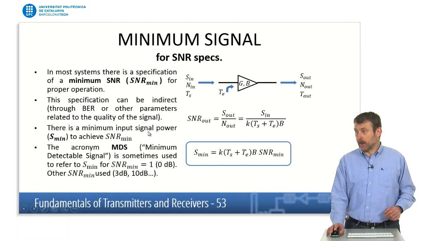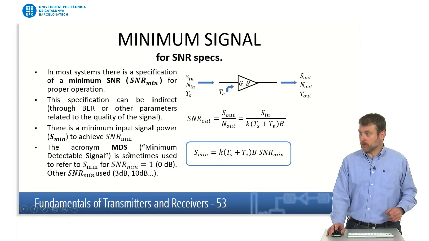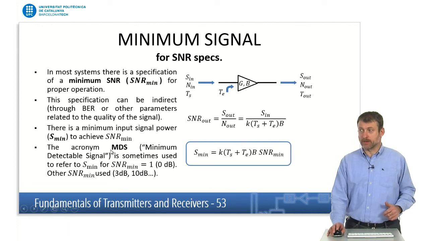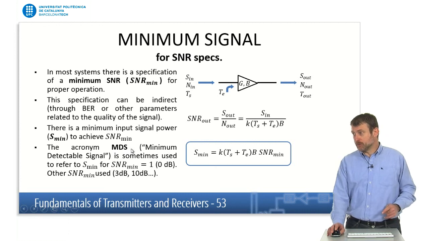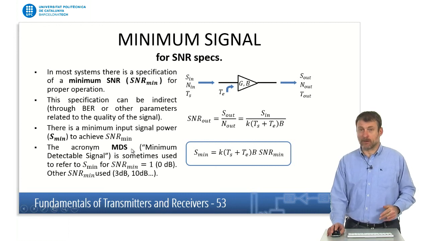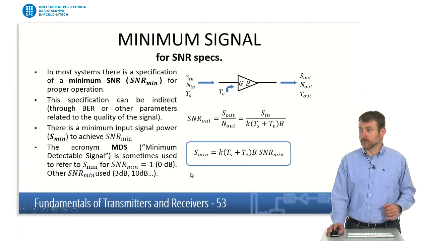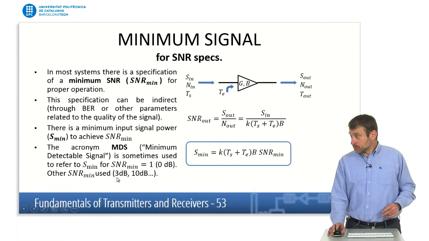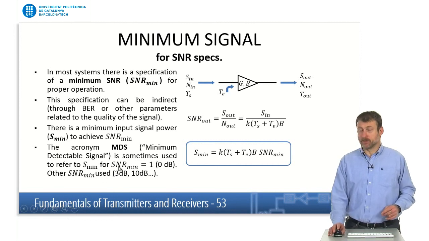And another thing that I want to point out is that in many references you will see the acronym minimum detectable signal. And this minimum detectable signal has several interpretations. Sometimes it can be interpreted as S-min, as I've written in this equation here on the side, or the S-min for a specific signal-to-noise ratio.